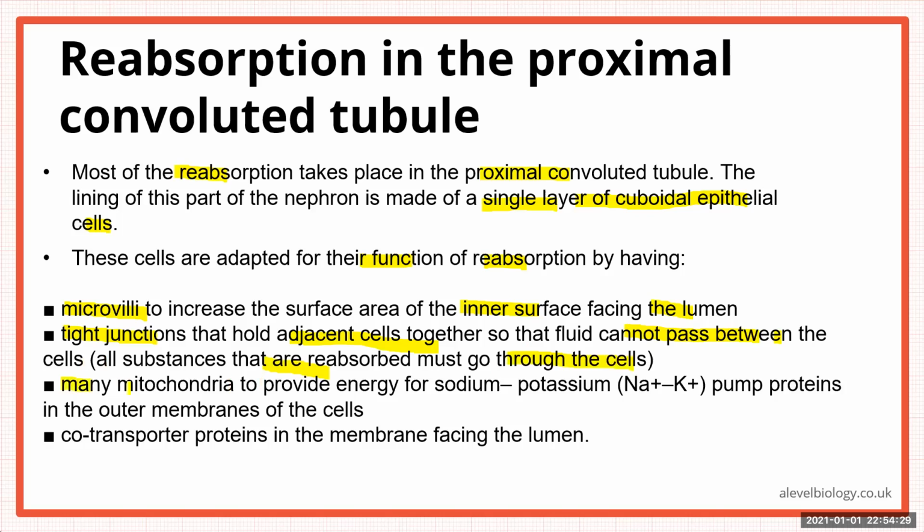And then these cells have many mitochondria because they have to provide energy for active transport for sodium potassium pumps. These cells also have co-transporter proteins in the membrane, which is facing the lumen. So these are specialized cells which have these four features: microvilli, tight junctions that hold the adjacent cells together, many mitochondria, and co-transporter proteins.